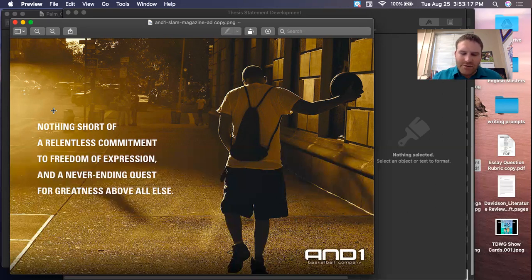The And One ad portrays that hard work and practice are the keys to success. Because that's what it's trying to sell you. It's trying to sell you success through the ways of hard work.